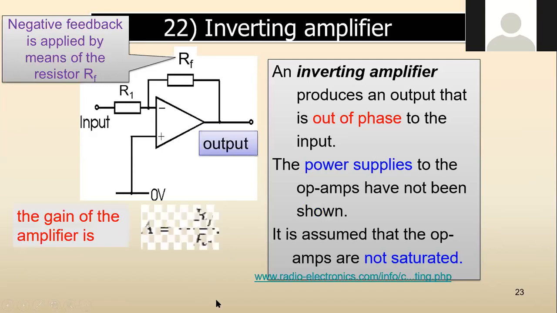And the gain is given by A equals minus Rf divided by R1. Negative because it's inverting, we put the input in here, the inverting terminal, so it's inverted. That's why I got a negative sign there. Rf divided by R1. You have to memorize and know how to use it, but we will derive it in a while.